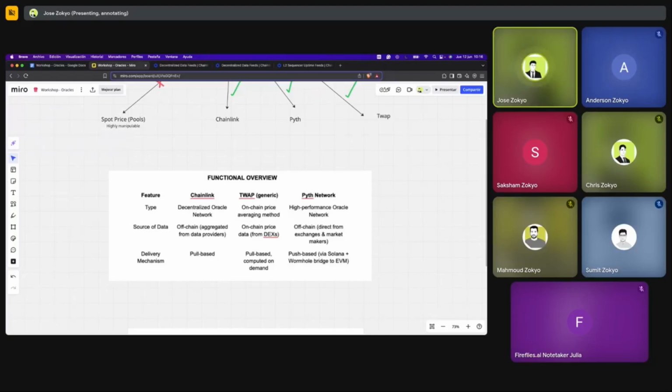And also we have how the data is delivered. In Chainlink and TWAP, the data is pull-based. When you want to get the price, you basically execute a read function to get the price from these two oracles.